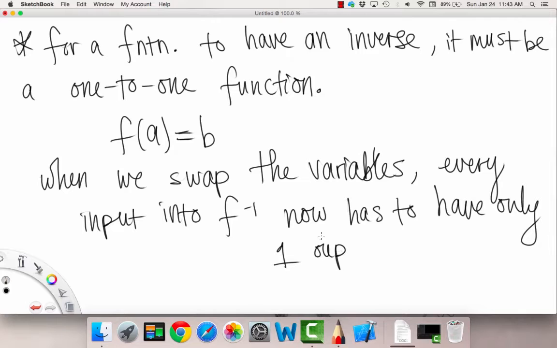One output, A, in this case. Output A. Okay? So, yeah, that's basically it. That's just something to look out for especially when we're graphing functions and trying to find inverse functions of graphs that we can see. Okay?